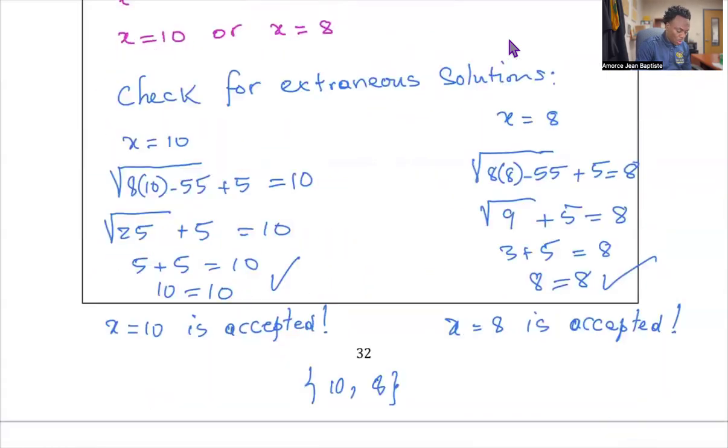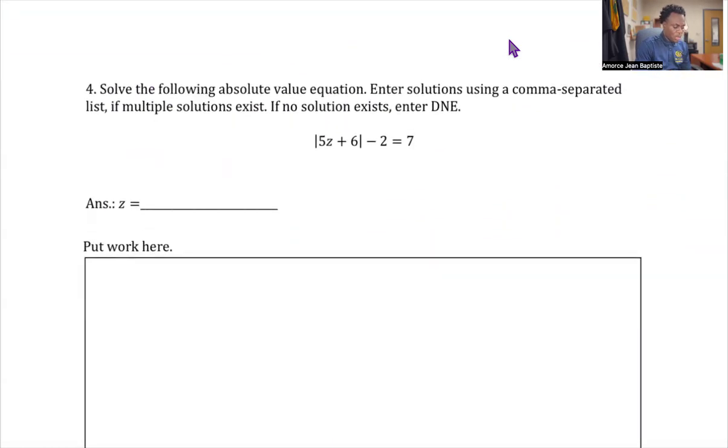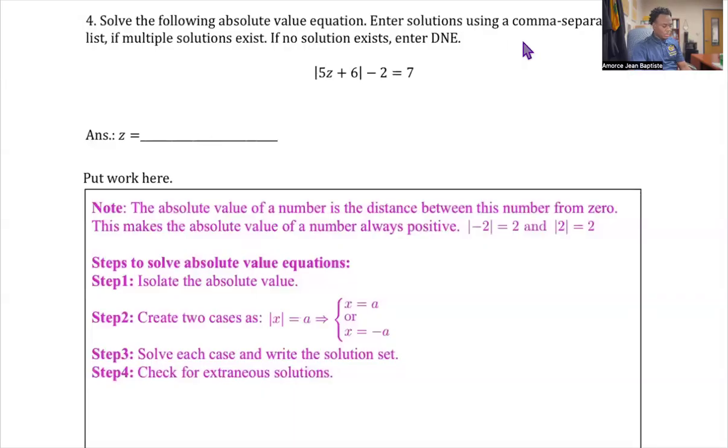Our next problem this time is absolute value. So when solving an absolute value equation, here are a few things that we need to remember.